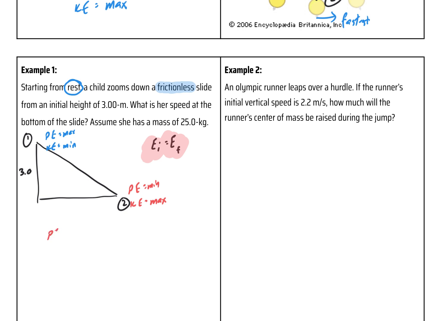The potential energy initial plus the kinetic energy initial equals the potential energy final plus kinetic energy final. What happens is interesting: there's no initial kinetic energy, and at the same time, there's no final potential energy, since it runs down to the bottom.